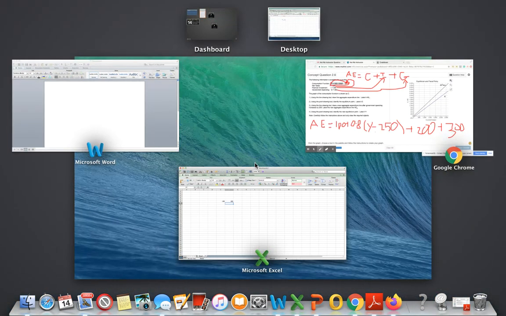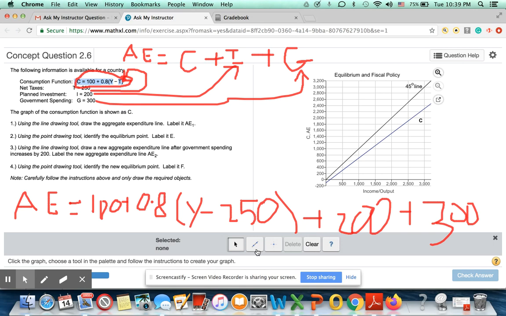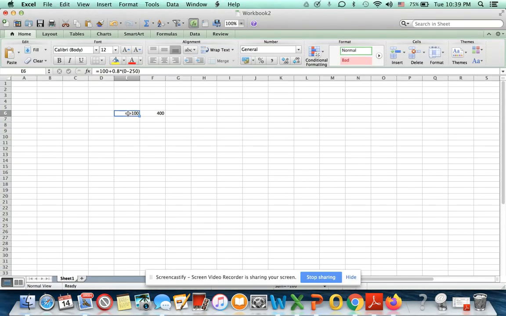Okay, so now we pick up another point. Let's pick up this one, 3200. So I'm going to plug 3200 in here in the consumption function and see.